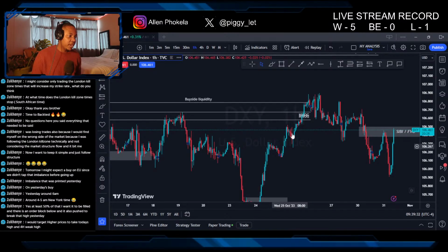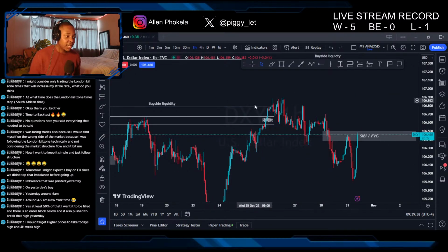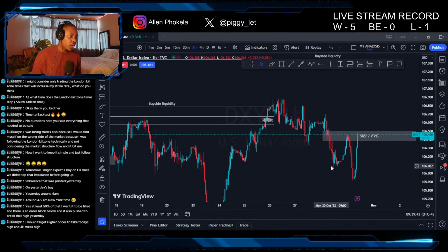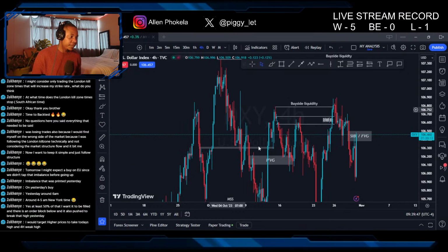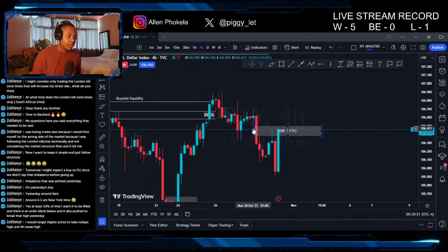I expected price to actually break through this new week opening gap and take out the buy side liquidity, which it did. And then, as you can see, after that it just kept going lower and lower. Going on a higher time frame, we had that fair value gap there.